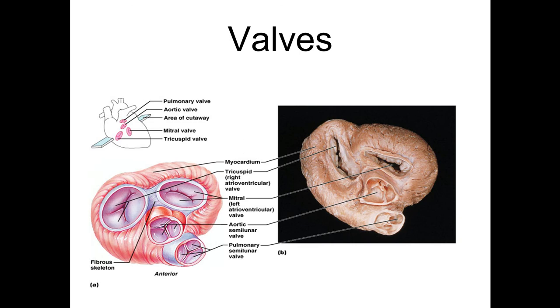See the valves? Here lies the tricuspid valve, which is present between the right atrium and the ventricle. Here lies the mitral valve between the left atrium and the ventricle, the aortic valve and the pulmonary valve. These are semilunar valves.